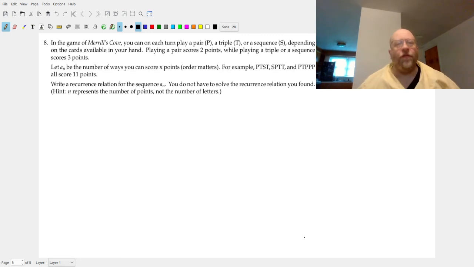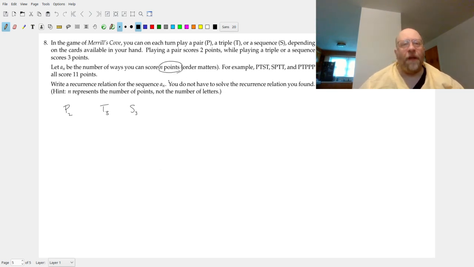This is off of question 2. In the game of Merrill's Cove, you can on each turn play a pair, a triple, or a sequence, depending on the cards that are available in your hand. A pair scores 2 points, a triple scores 3 points, and a sequence scores 3 points.